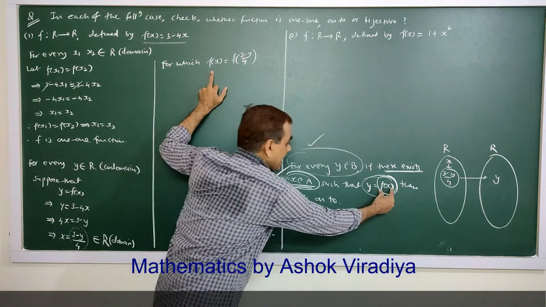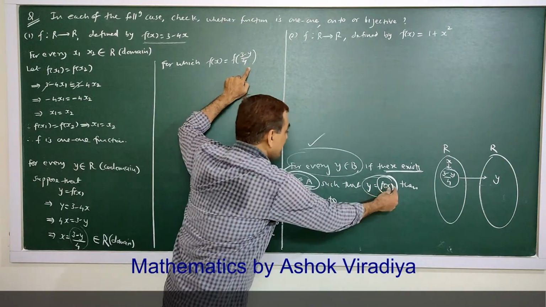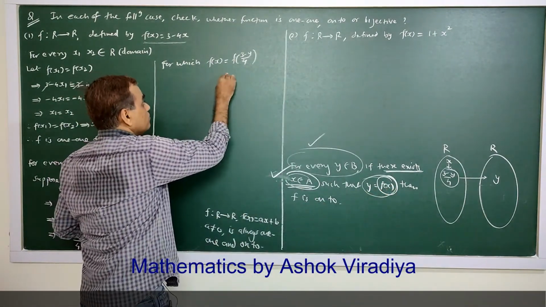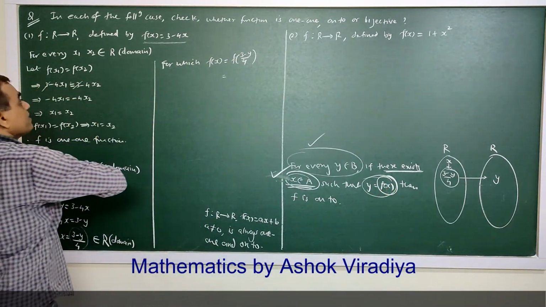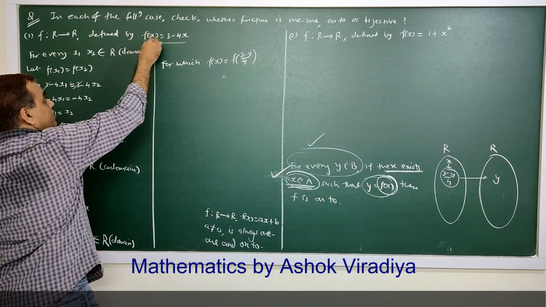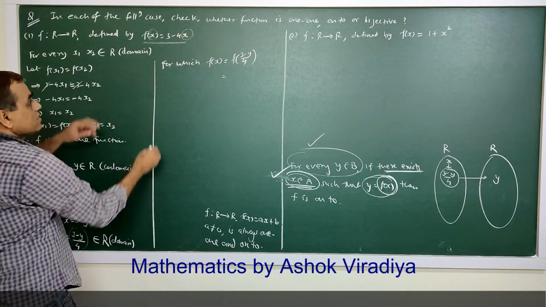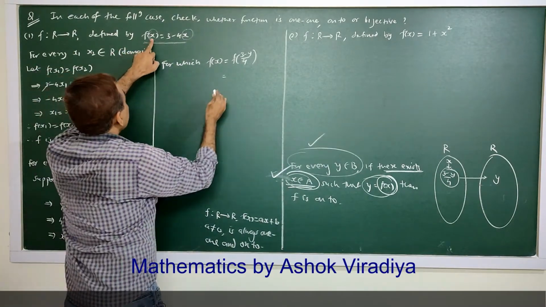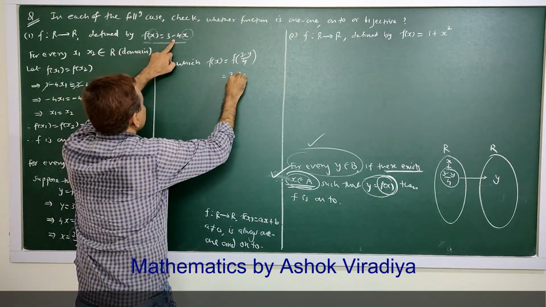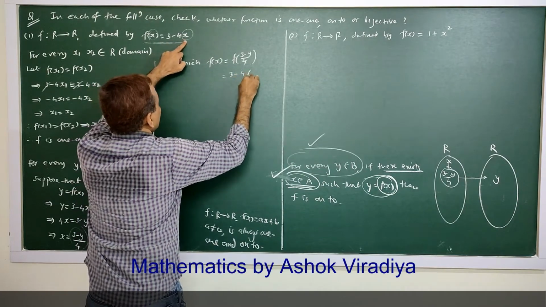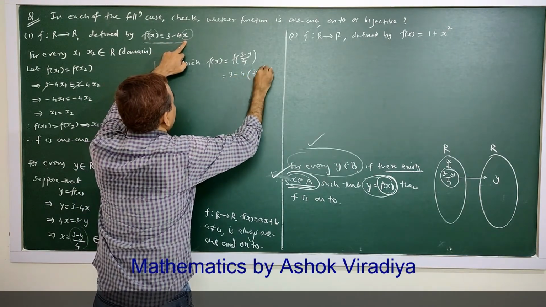So beginning from f(x), put x equal to (3 minus y) by 4. Same value I am putting here. So f((3 minus y) by 4) is 3 minus 4 into (3 minus y) by 4.